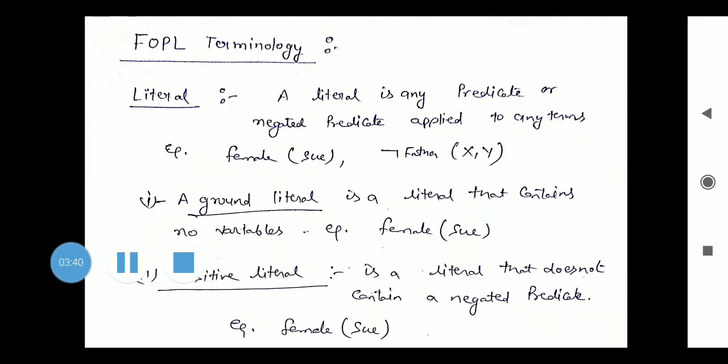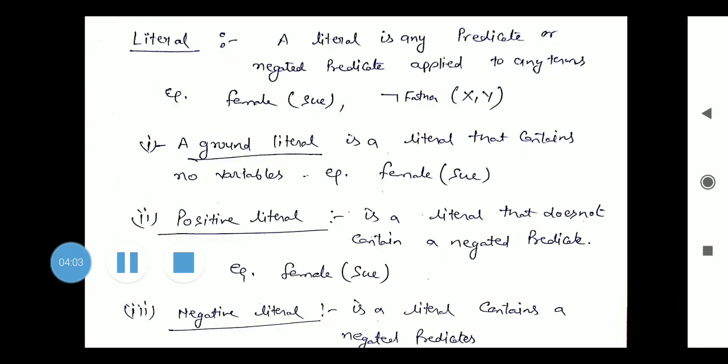So there is some terminology that is used in first order predicate logic. Literals. A literal is a predicate or negative predicate applied to arguments. For example, female of Shiv, not father of X, Y: X is not a father of Y. Now a ground literal is a literal that contains no variables.